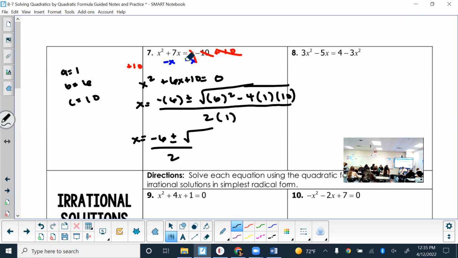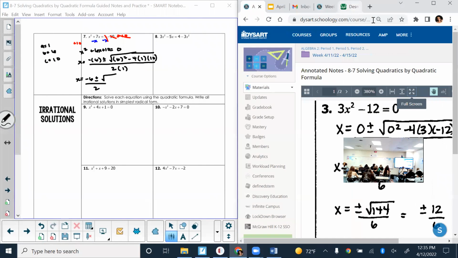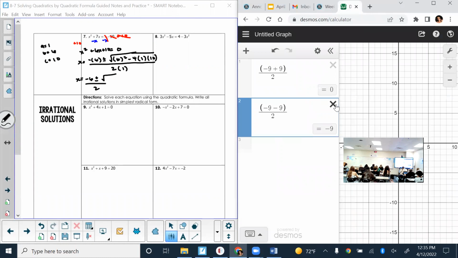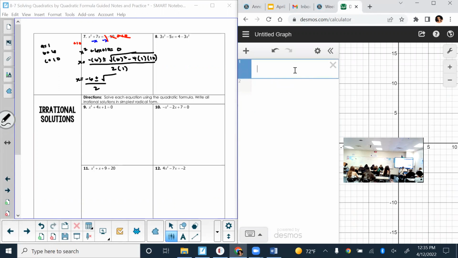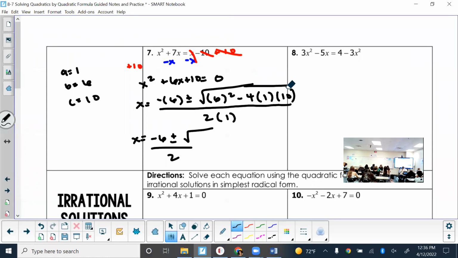Discriminant is all the stuff under the square root symbol. All right, so you should have had -4 for what's under the square root symbol. Now, is it possible to take the square root of a negative number?